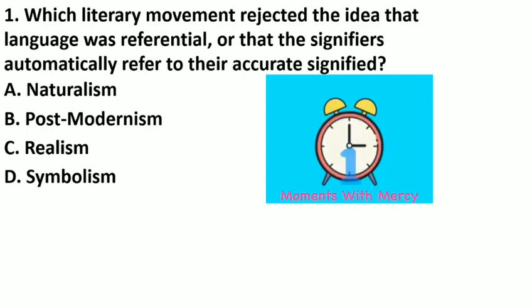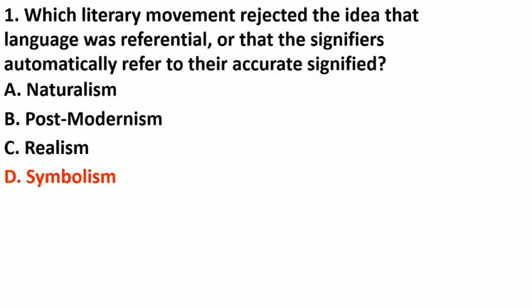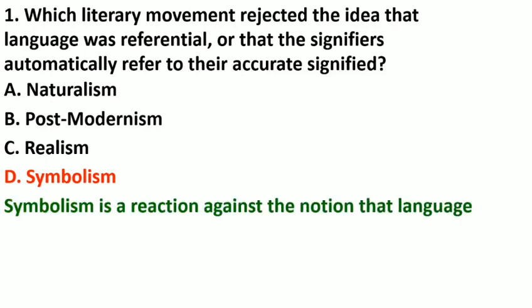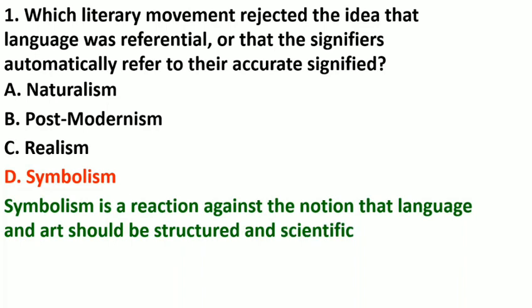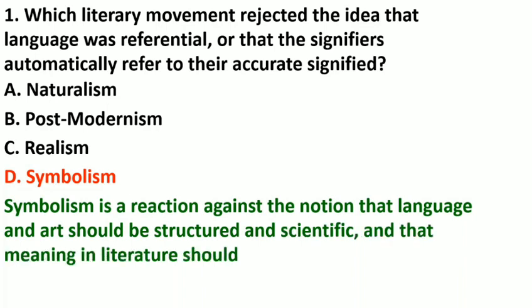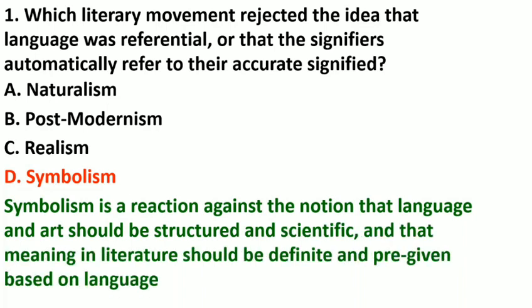Alright, the correct answer here is option D. Symbolism. Symbolism is a reaction against the notion that language and art should be structured and scientific, and that meaning in literature should be definite and pre-given based on language.